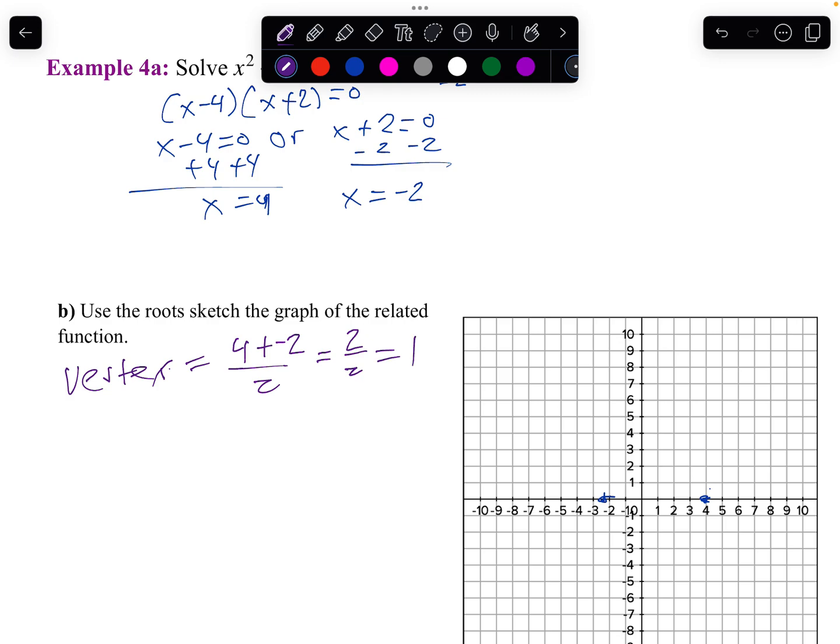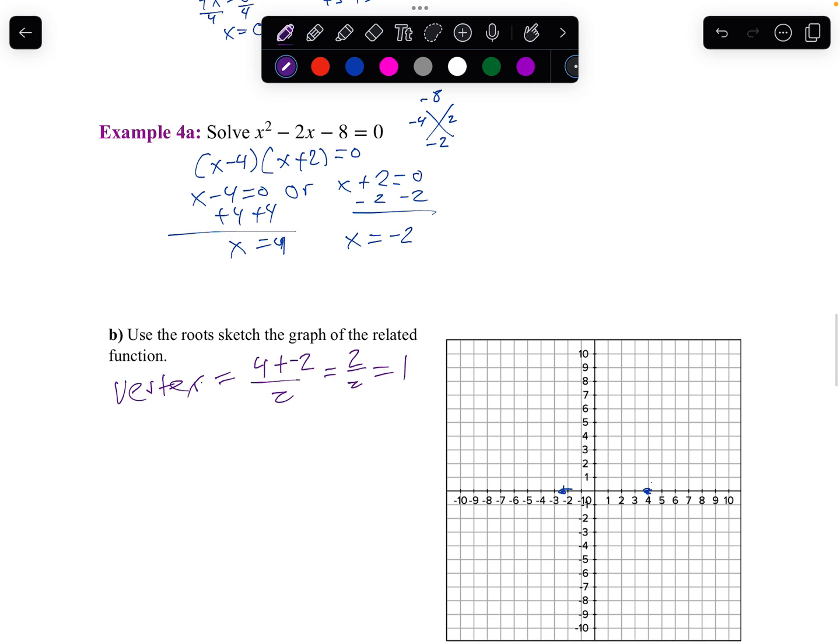And then to find my vertex, I'm going to substitute that back into my equation. I don't care if you do the original equation or if you do the factored form. To me, the factored form is a lot easier to do mentally. So I'm going to replace x with 1.